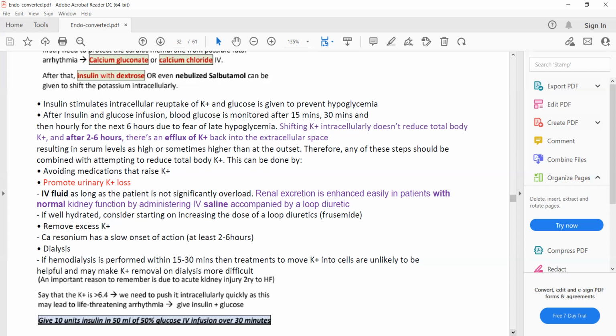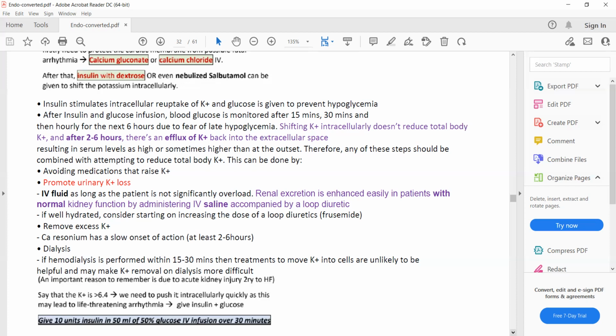Another drug to remove excess potassium from the body is calcium resonium. But the onset of action of calcium resonium is very slow. It takes at least 2 to 6 hours to start removing the potassium from the body.